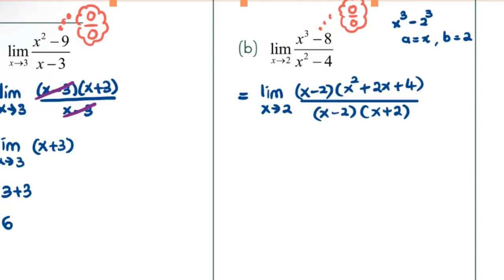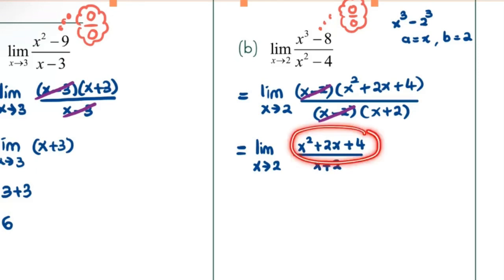Okay, so itu kalau tak nak hafal formula dia lah. Okay, now I can see that x minus 2 divided by x minus 2 will be 1. So this function is simplified into x square plus 2x plus 4 we divided by x plus 2.